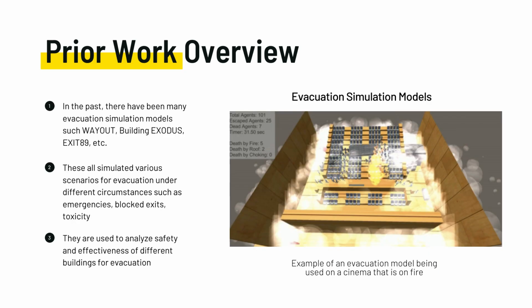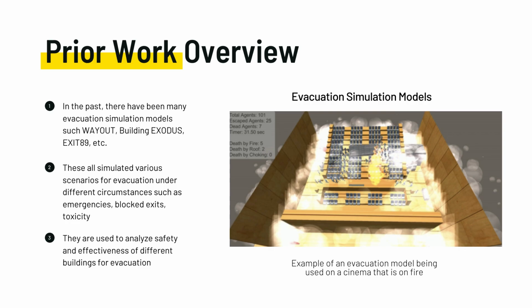Now, there have been a lot of other evacuation simulation models in the past. Some of these include Way Out, Building Exodus, Exit 89, and more. Basically what these do is they simulate various scenarios for evacuation under different circumstances, like emergencies, blocked exits, as well as toxicity.